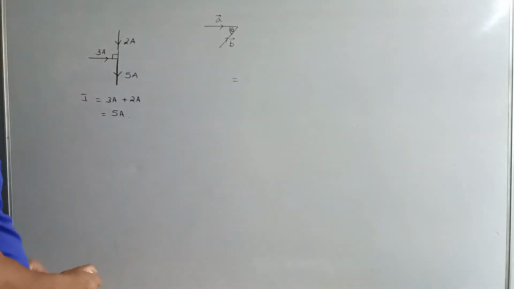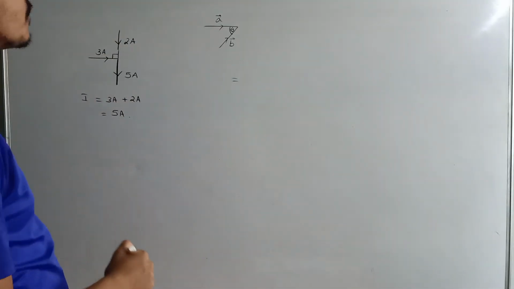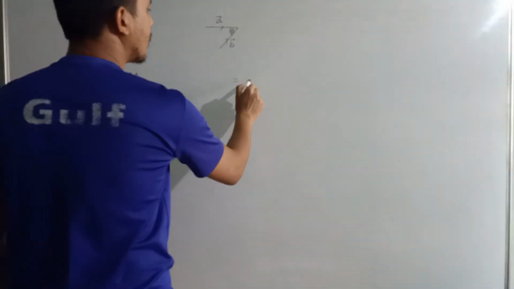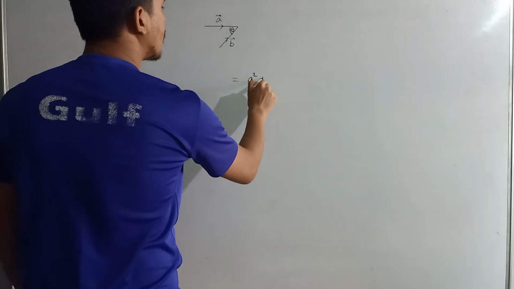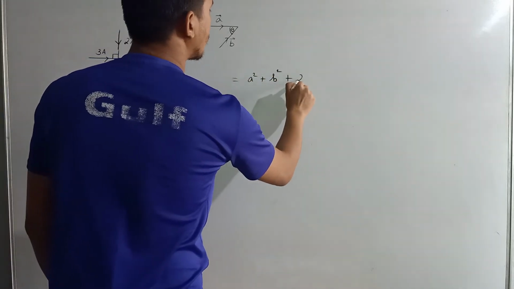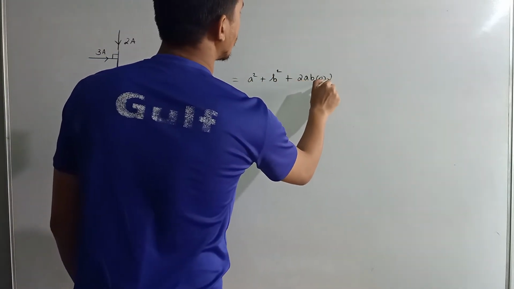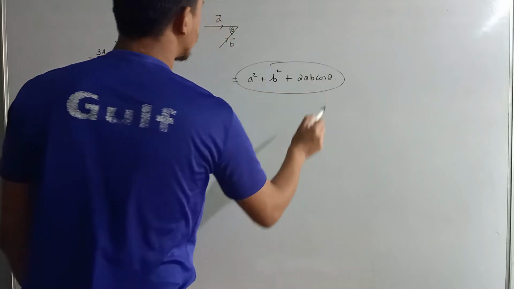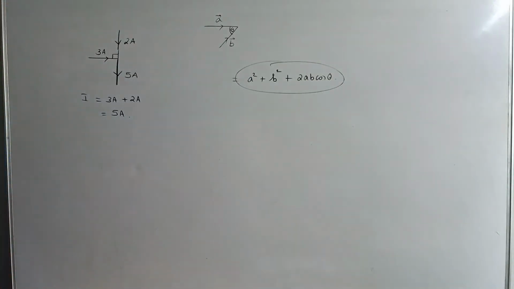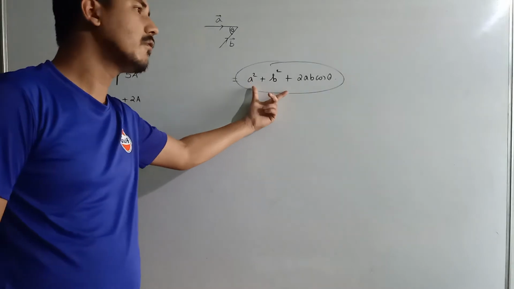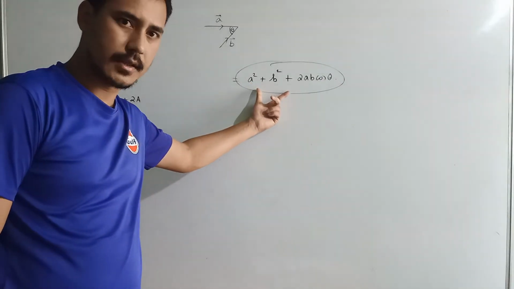Then the magnitude of the resultant of these two vectors is given by A square plus B square plus 2AB cos theta. So this is how two vectors are added.